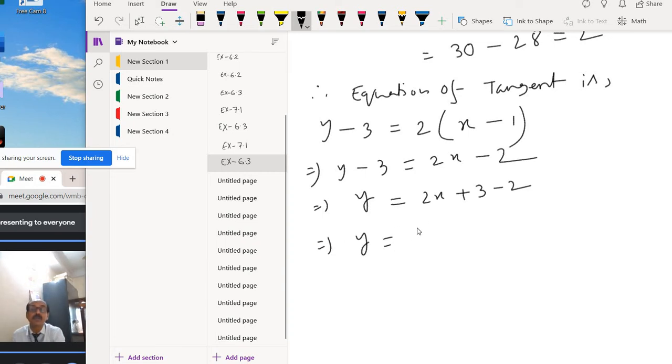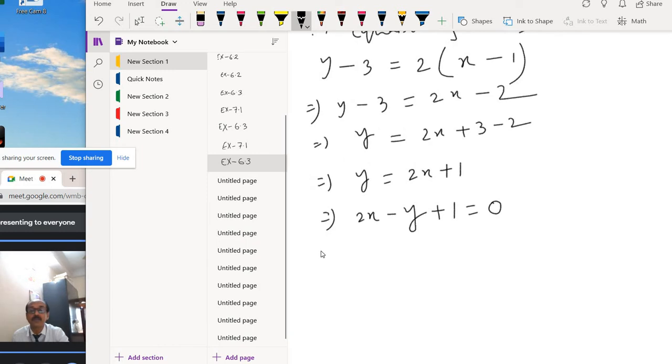So y equal to 2x plus 1, which means 2x minus y plus 1 equal to 0. This is the equation of tangent.